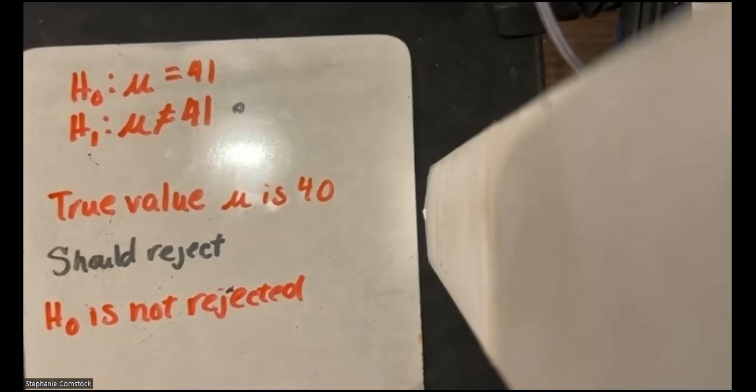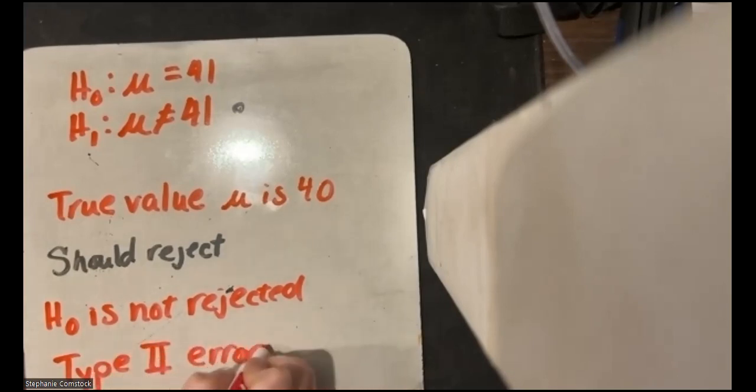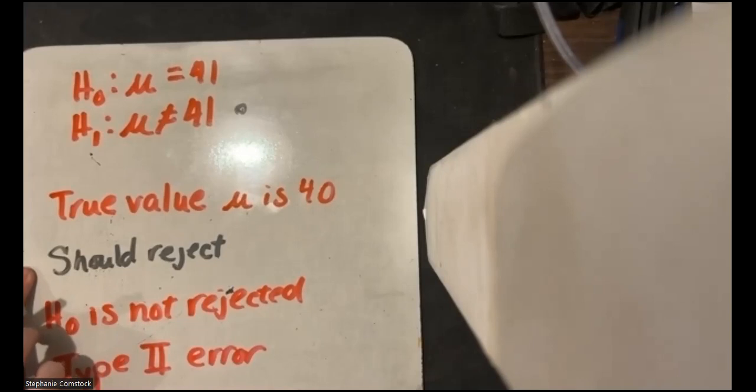So I should have found them guilty, but I did not. This is a type 2 error, because I should have found them guilty, but I didn't. I let them get away with it. So this is a type 2 error.